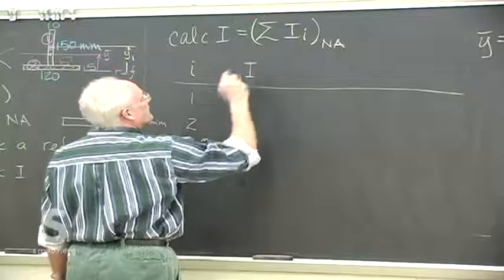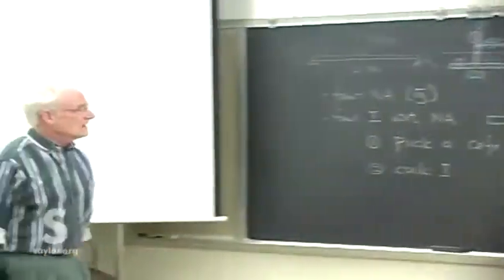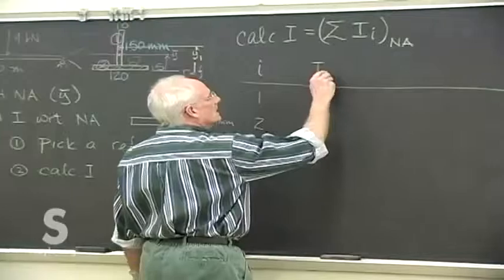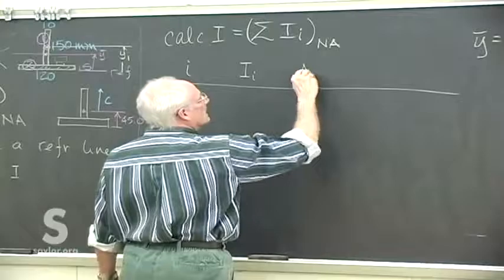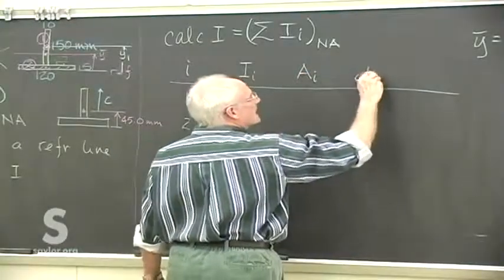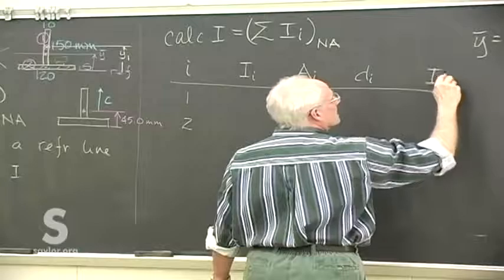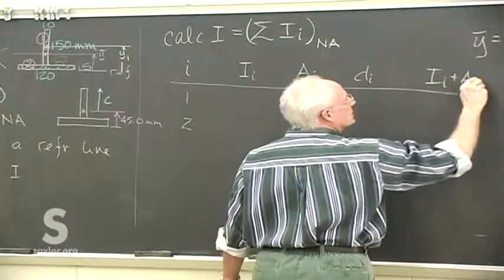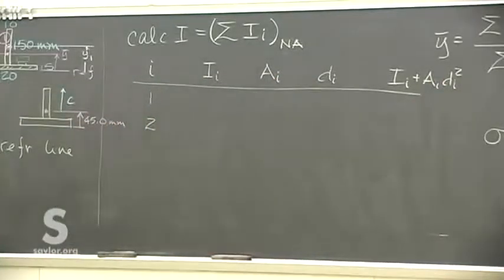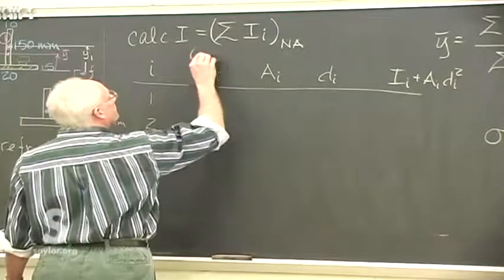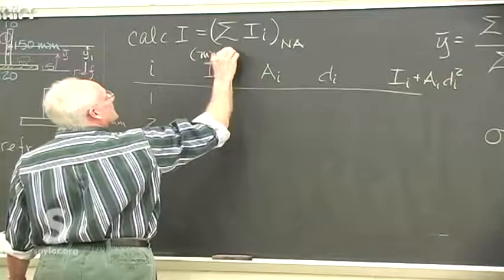So we'll have to figure out their individual moments of inertia. Then we'll need to find a d_i for the parallel axis theorem, which you probably remember as the centroidal moment of inertia plus A d squared, which is the parallel axis theorem being applied.